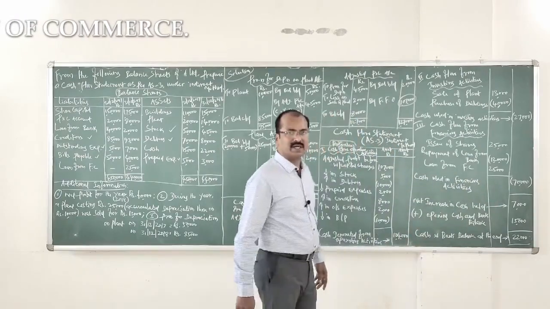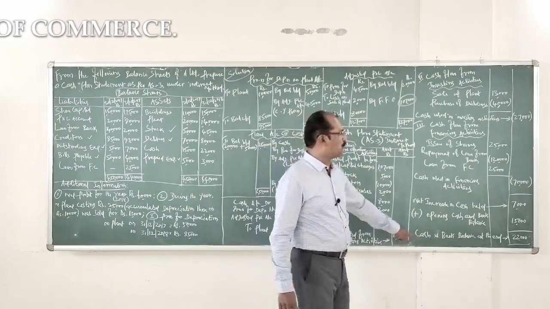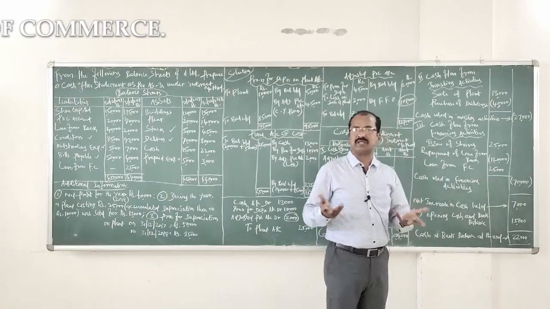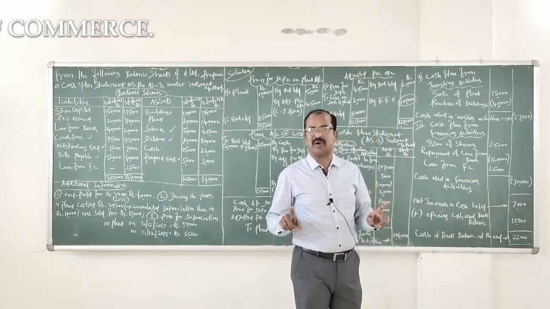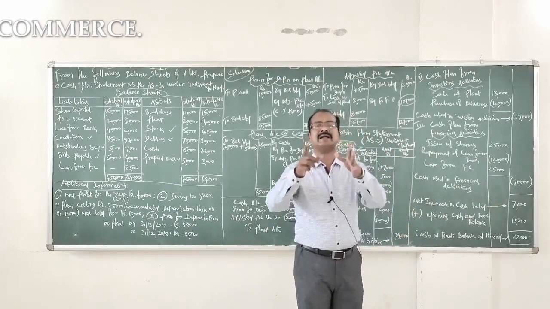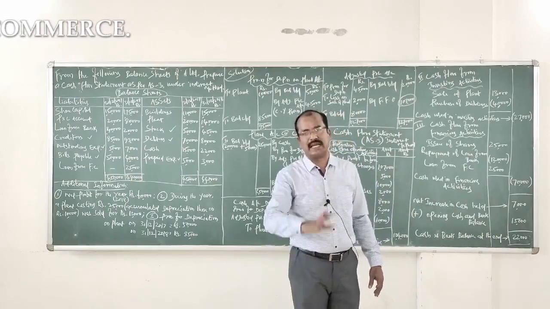Now, what about the result of the three amounts? 1,04,000, a positive value, 27,000, a negative value, 70,000 rupees, a negative value. The net result comes to 7,000 rupees, a positive value, which could finally be named as net increase in cash held by the business during the year 2018.